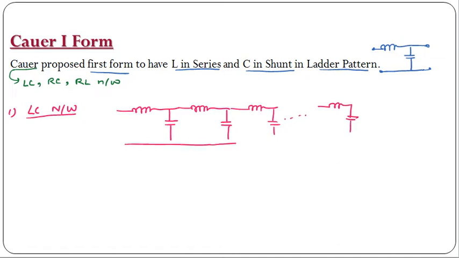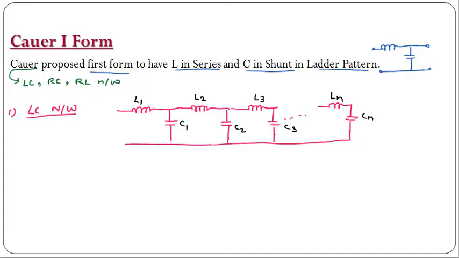This is the general circuit for the LC network in Cauer first form. The elements are L1, C1, L2, C2, L3, C3, and Ln and Cn.